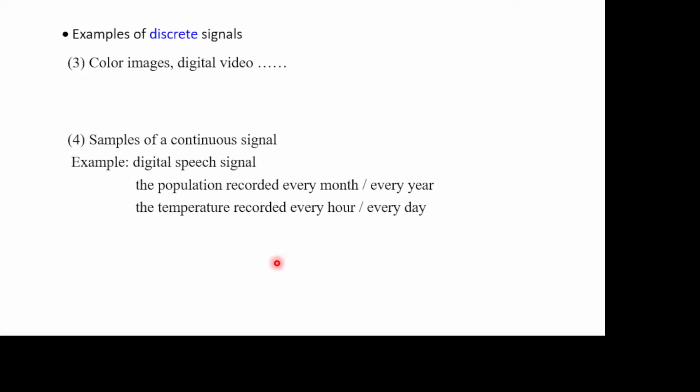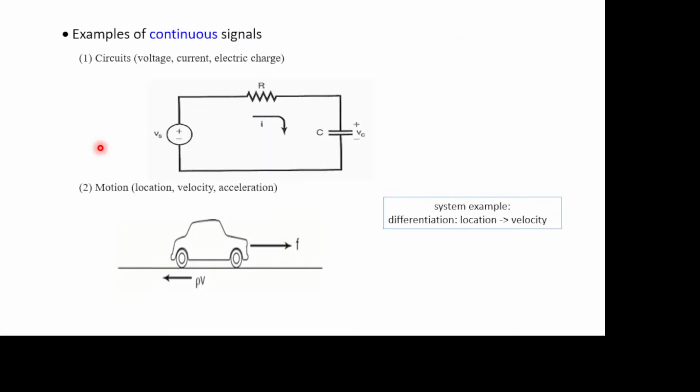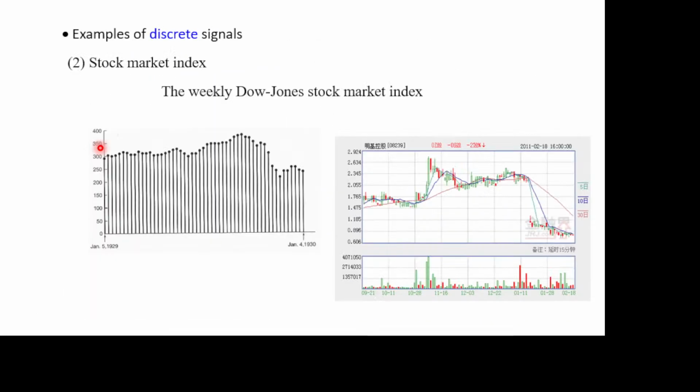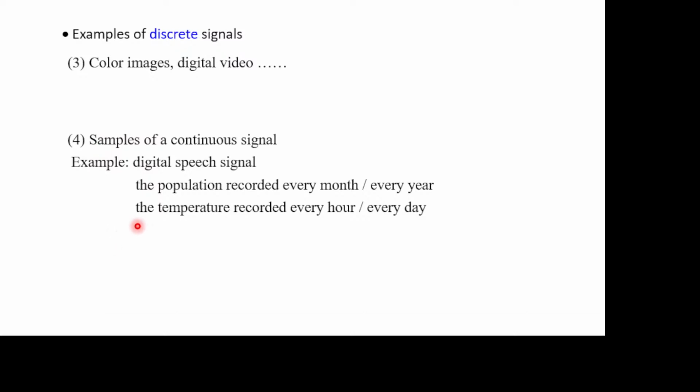Okay. And now there's an interesting concept that we don't have time to cover in this class. That is, you can turn a continuous time signal into a discrete time signal by sampling.